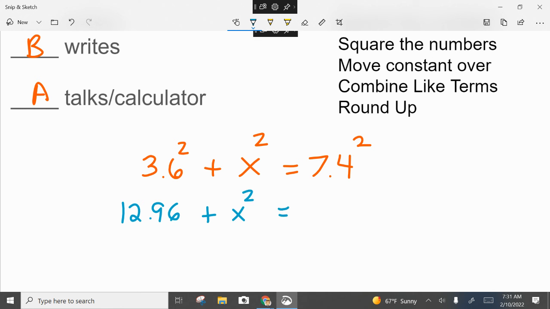All right, then okay. So then I have these decimals. If you got here, great. Keep it going. Then what are you going to do? Let's go ahead and move our constants to the right.